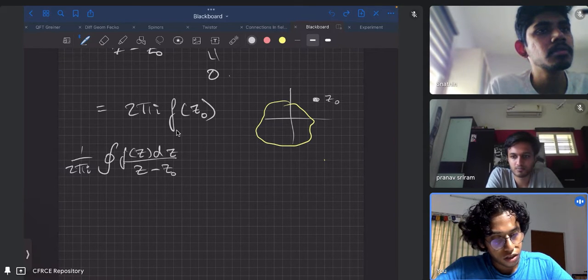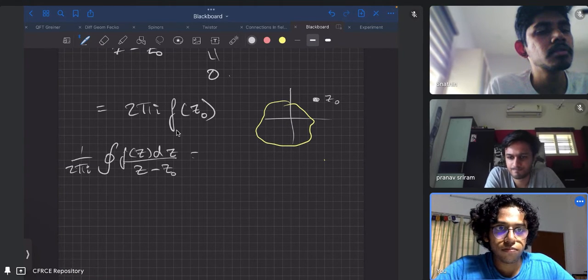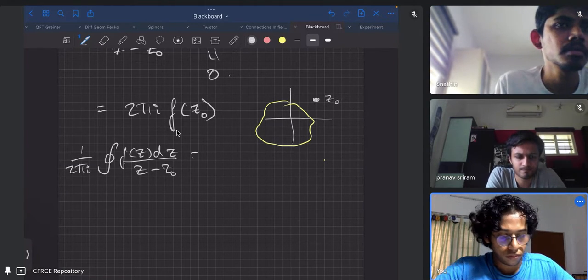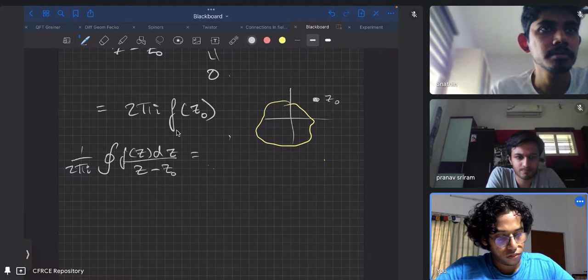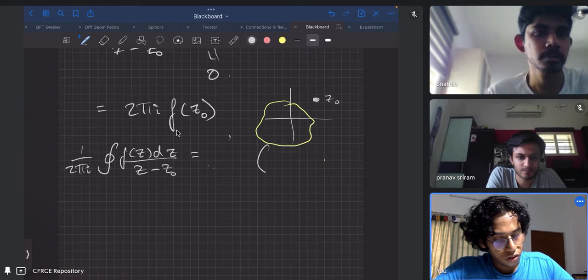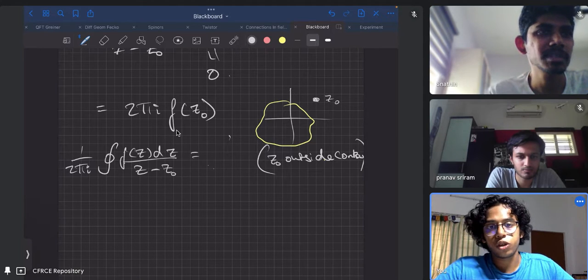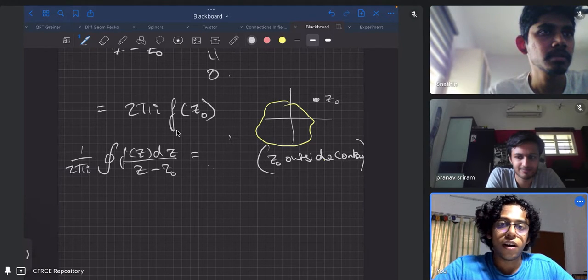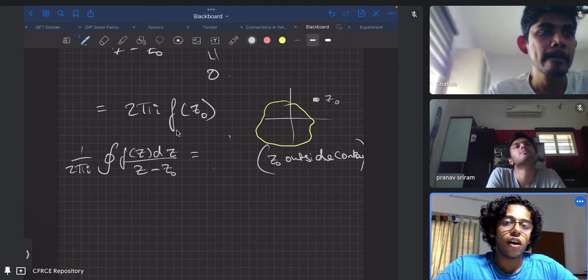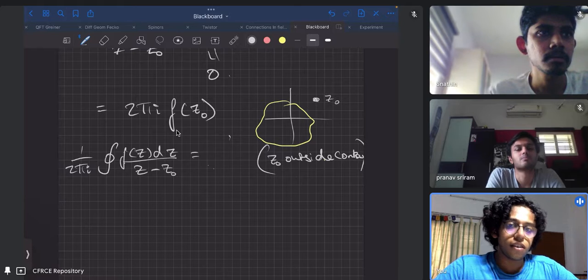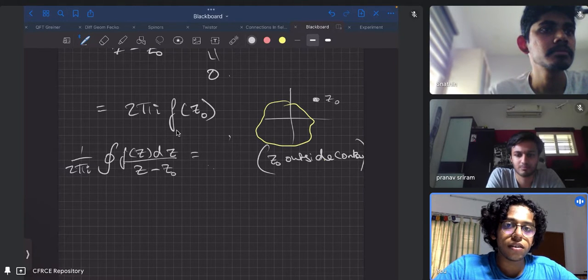Any guesses? Just think of it. Does a singularity which is not within the contour affect the integrand or the integral?